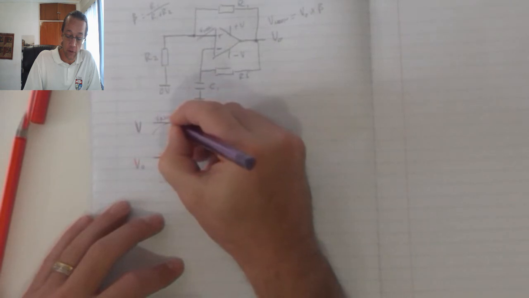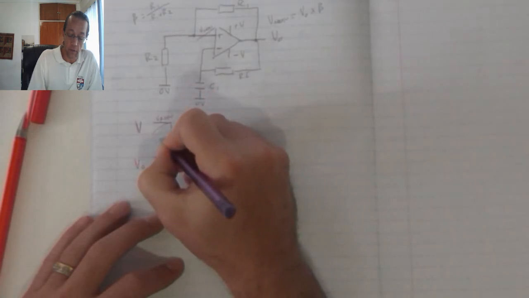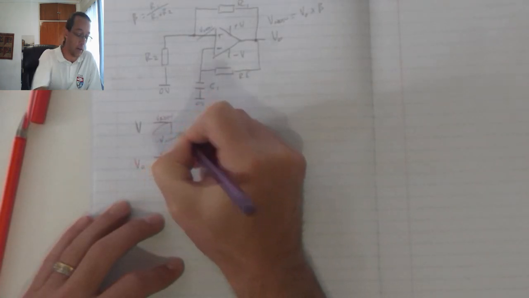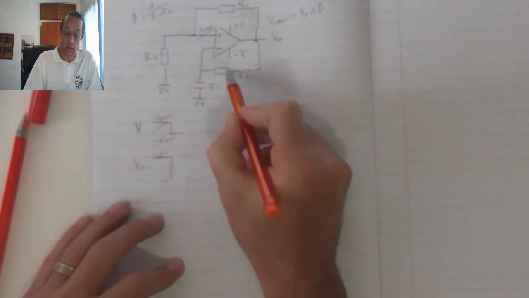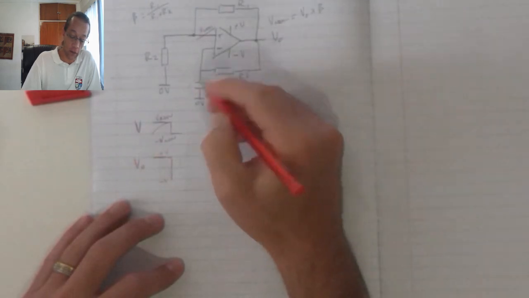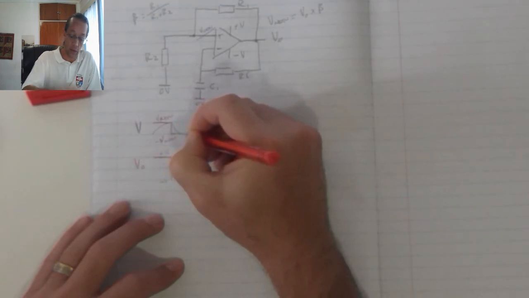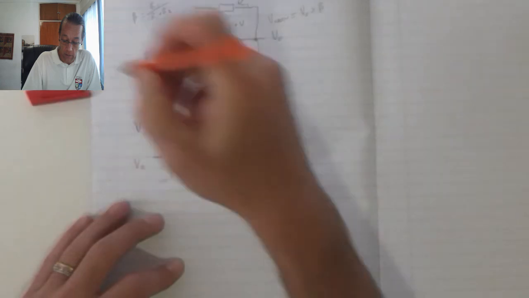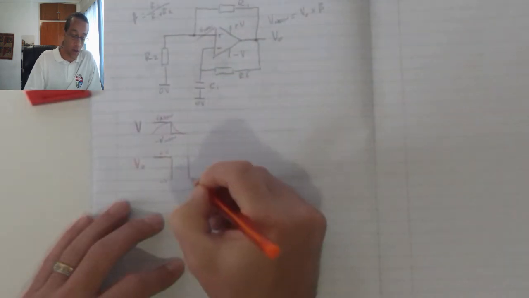When that happens, my non-inverting, or the reference voltage, switches to the negative, minus V non-inverting, and it's going to stay there. That causes this capacitor to discharge and recharge at a rate set by RF, and that causes my graph to do that.